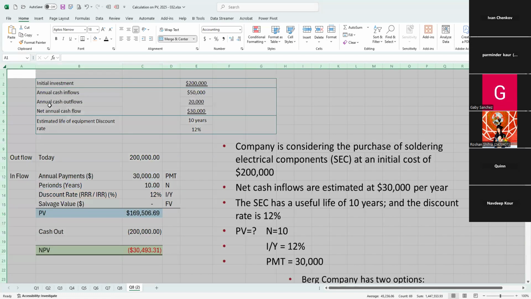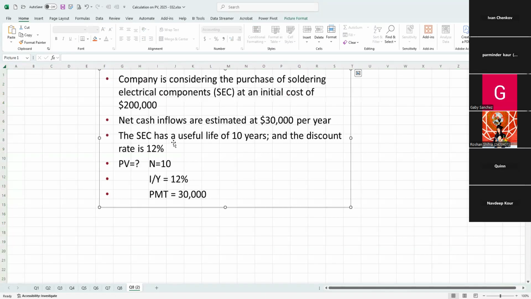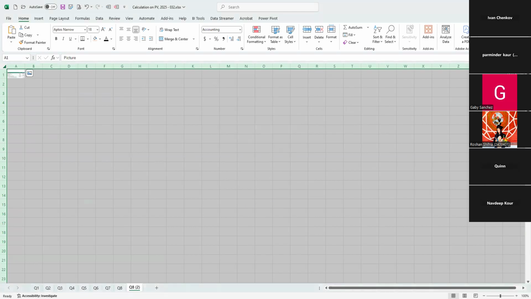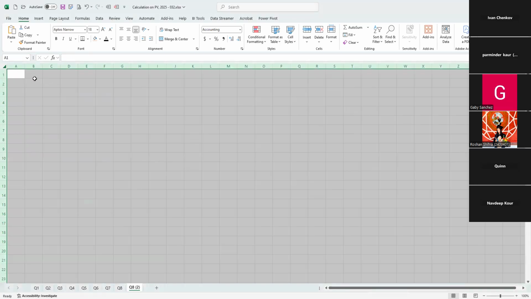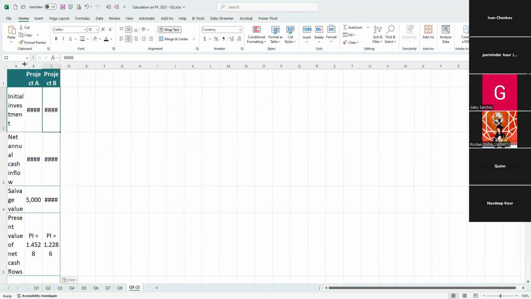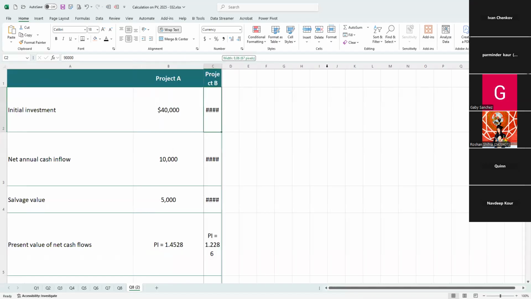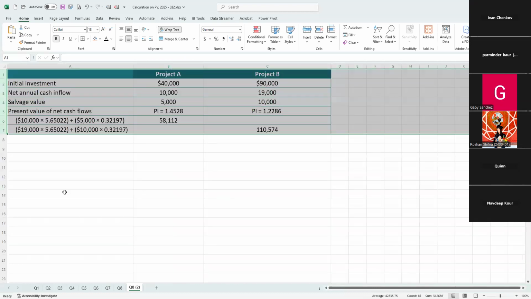Obviously, I'm going to have to erase everything, including this one and that one, and start from scratch. So I have my information, which is exactly from the slides. I'm going to make some slight changes here. This is directly coming from the slides.